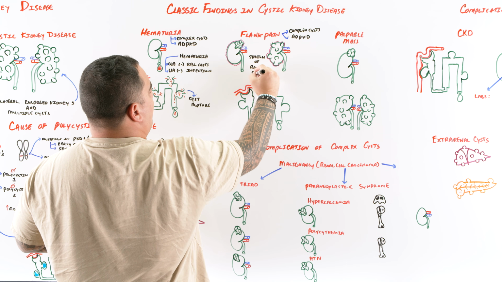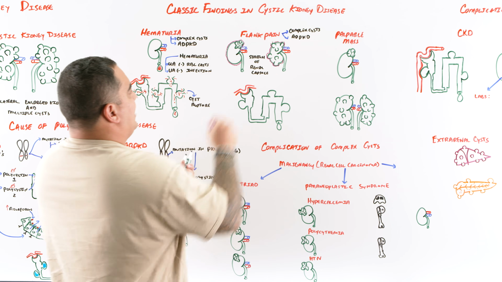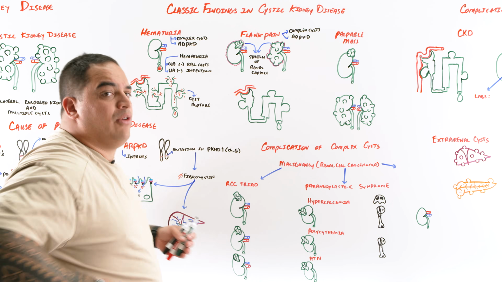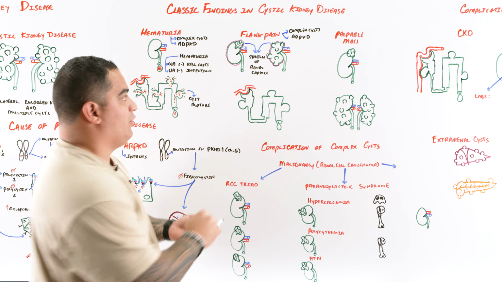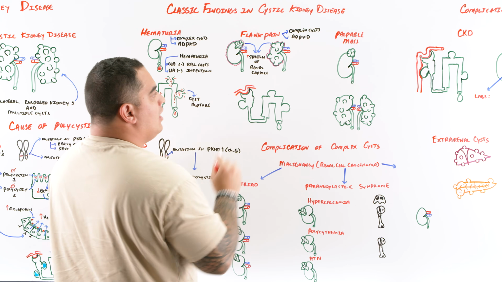So if you stretch that renal capsule, that's heavily innervated, which we're going to represent here in the pink. That stretching of the renal capsule is going to activate nerves that cause that referred pain, that flank pain. That's oftentimes as there's an increased stretch of the renal capsule due to these cysts pushing on that area.